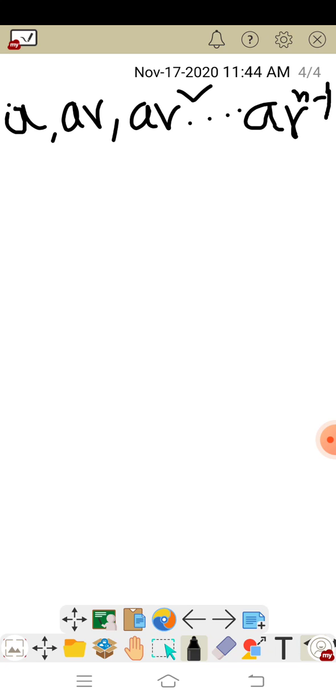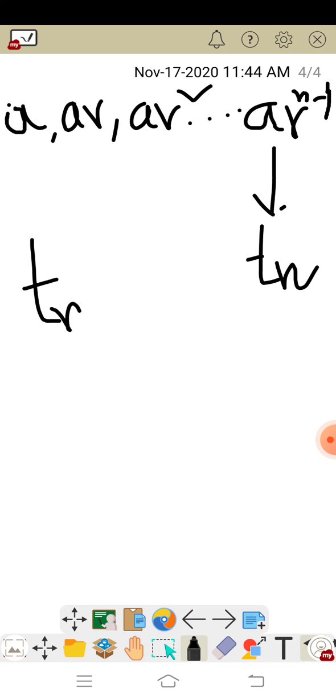So this is how the series goes on. This is the last term Tn. So in any geometric progression, the last term Tn is equal to A into R to the power of n minus 1. Remember this one forever.